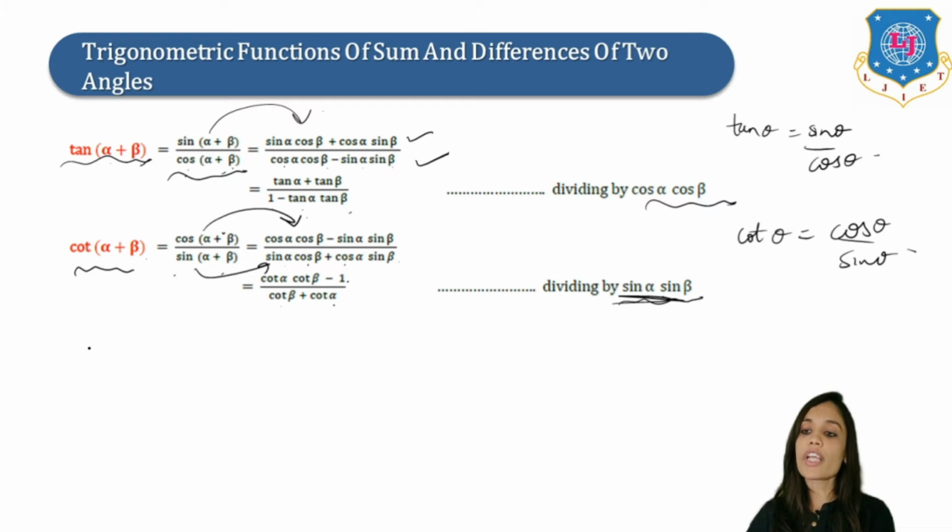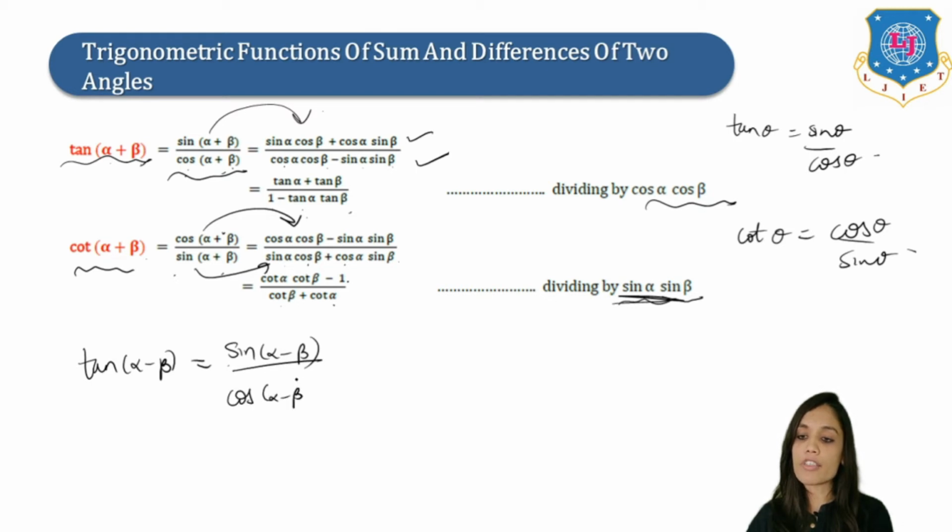So now you can find the formula of tan(alpha minus beta), which will be equal to sin(alpha minus beta) upon cos(alpha minus beta).